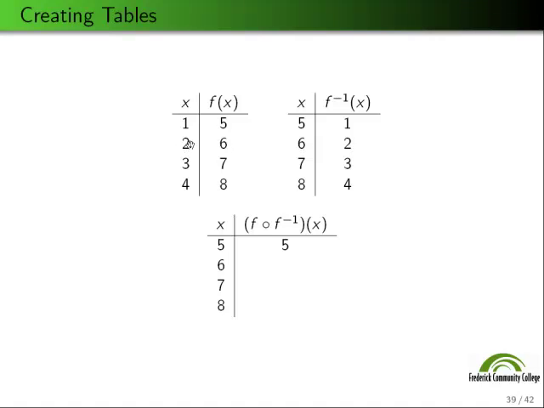And f sends 2 to 6. So we have f composed with f inverse of 6 equals 6. What about 7? f inverse sends 7 to 3. f sends 3 to 7. So we have f composed with f inverse of 7 equals 7. And 8. f inverse sends 8 to 4, and f sends 4 to 8.